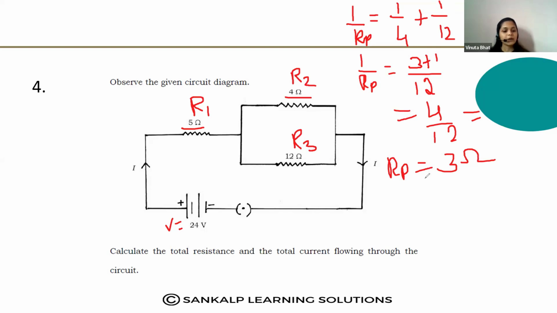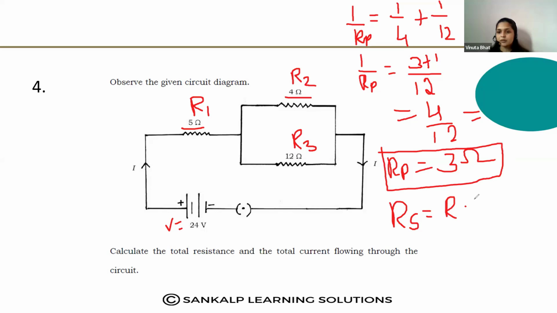What is the value of Rp? That is 3 ohm. Then this Rp is connected in series to R1. What is the formula when resistors are connected in series? Rs is equal to R1 plus R2 plus R3.